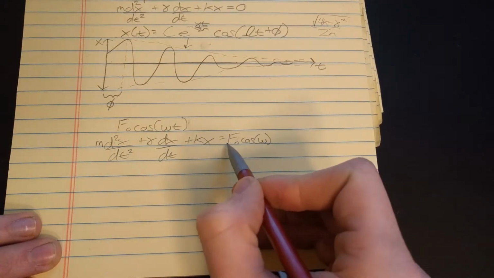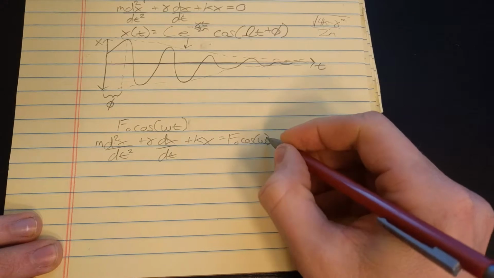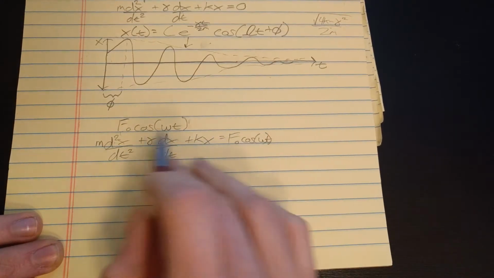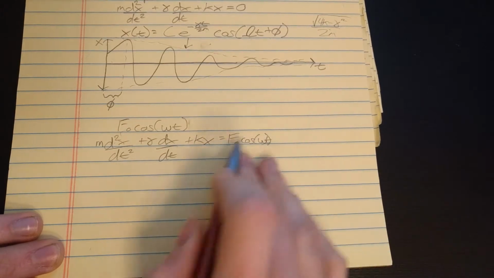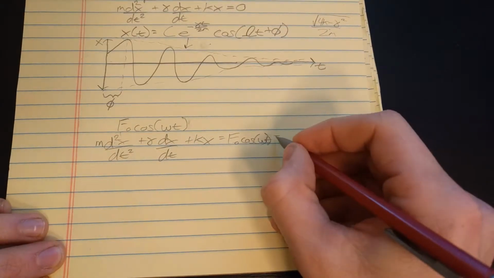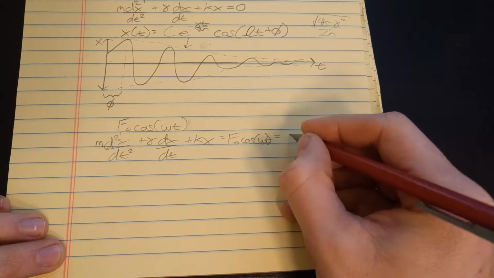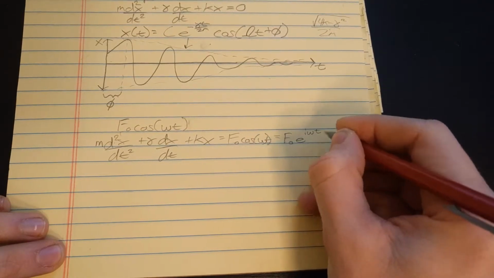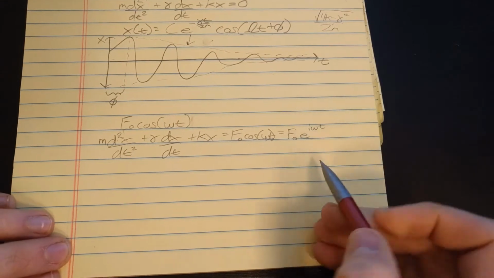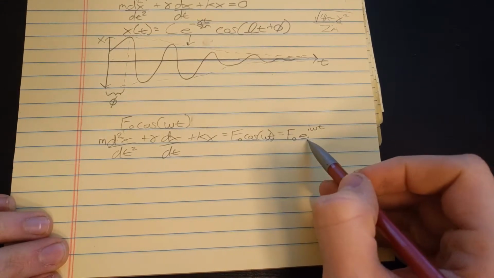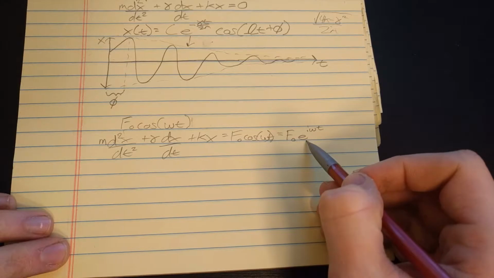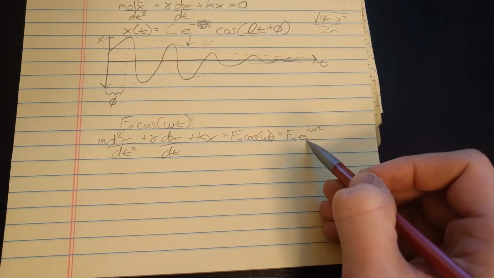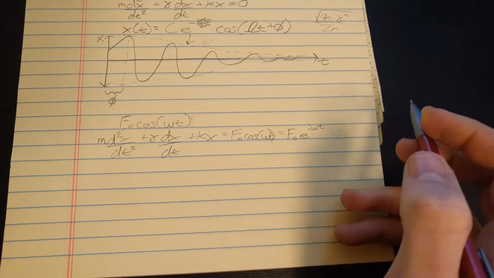So all we would do is write this expression on the right hand side of the equation. And since it's easier to work with complex exponentials, we're just going to do this, but at the end we're going to get rid of the imaginary part. So e to the i omega t by Euler's formula is just a cosine part plus an imaginary sine part.